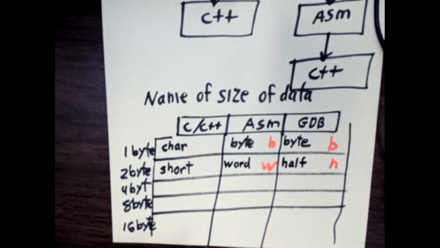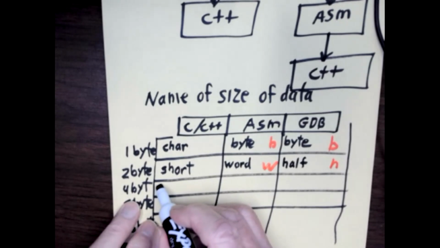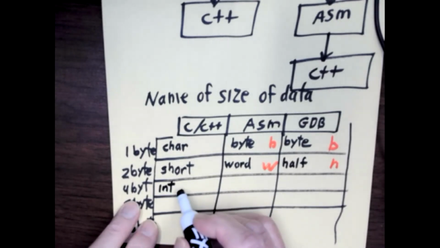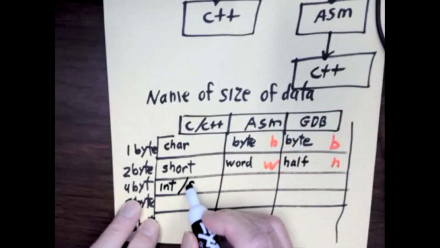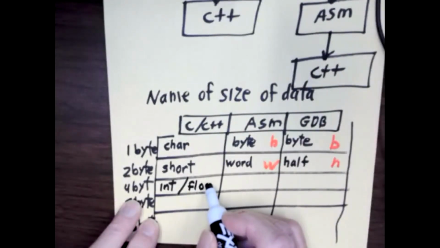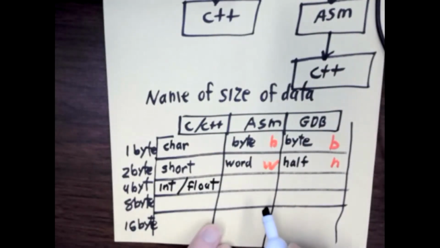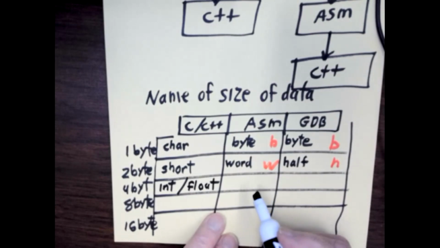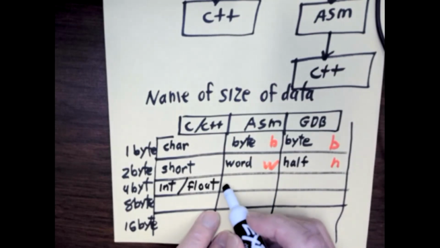Okay, you still here? For 4 bytes, that's called an int, or it could be called a float. In assembly, that's called a D word, meaning double.